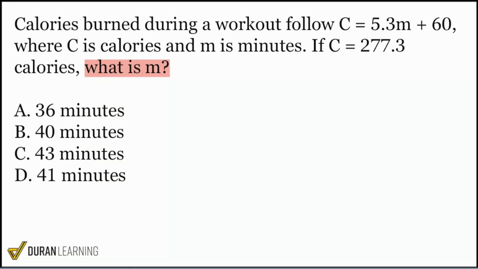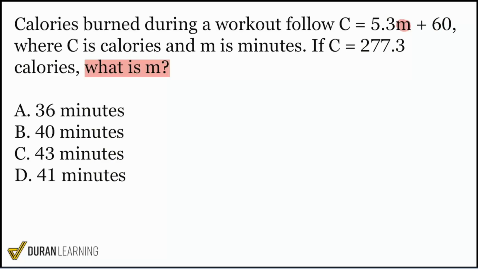Everybody, M is defined right here in this equation. Let's read it. Calories burned during a workout follow the equation C equals 5.3 M plus 60, where C is in calories and M is in minutes.